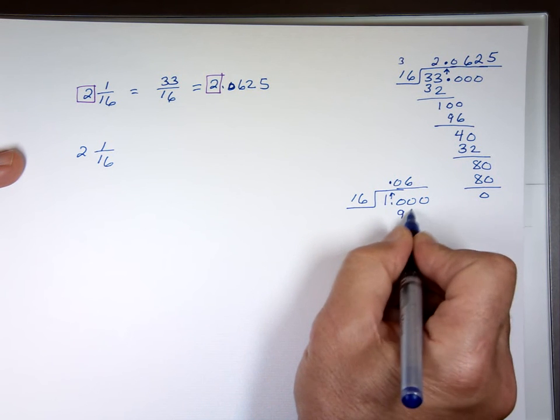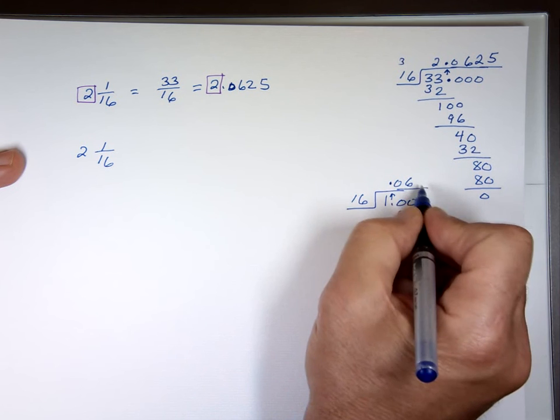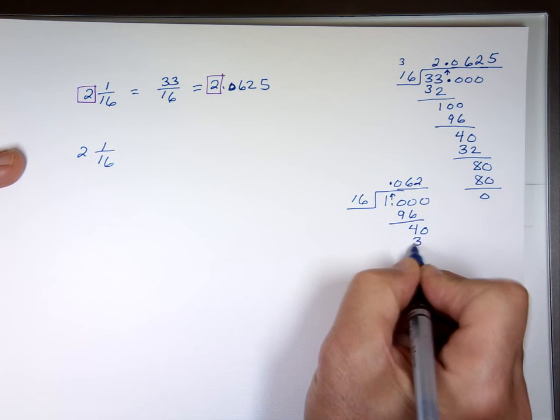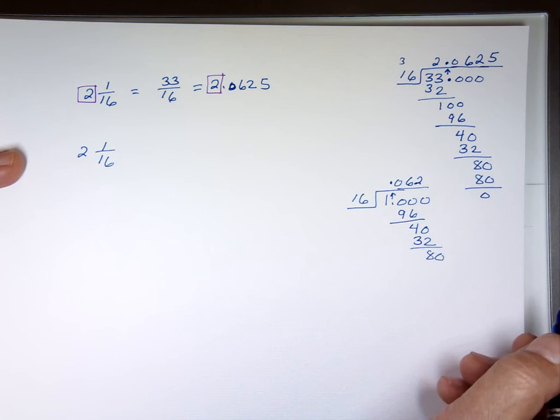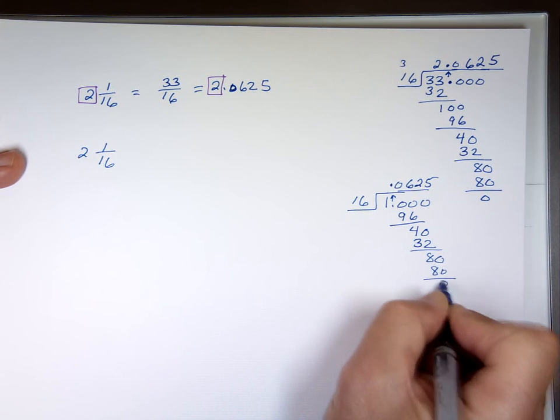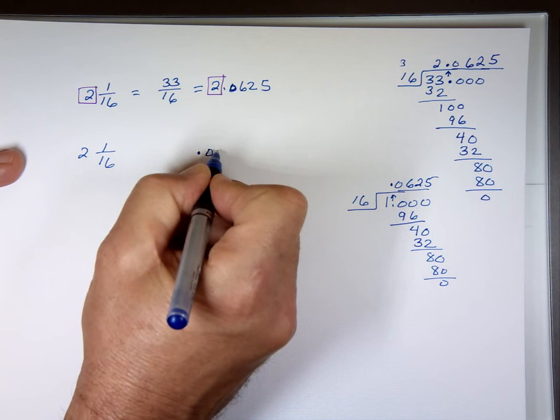What's the remainder? 4. 40 by 16. 2. 2 times 16 is 32. What's the remainder? 8. 80 by 16. 5. 5 times 16, 80. So this little piece here is 0.0625.